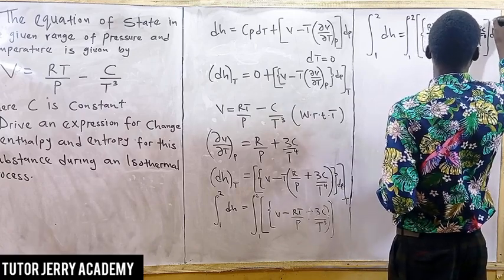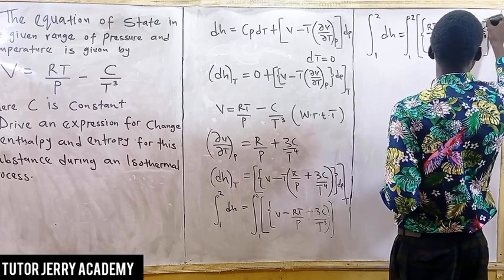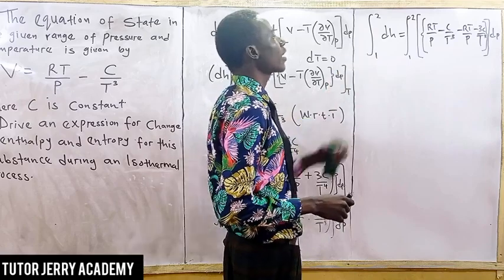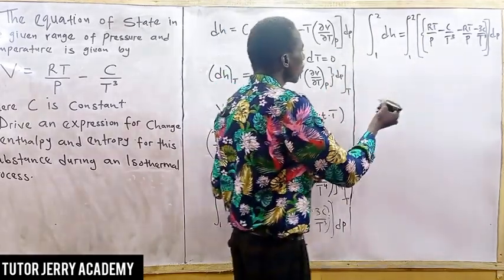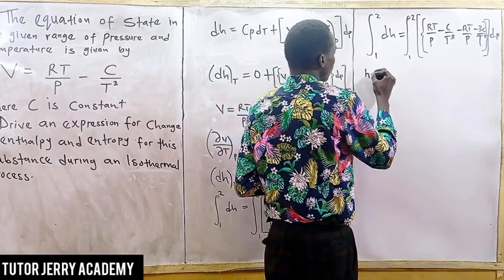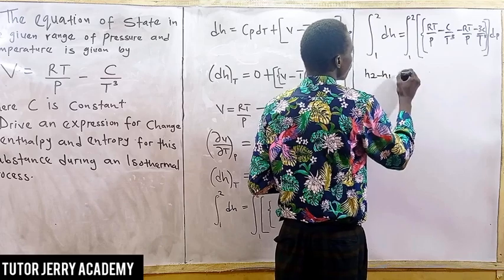So this is what we have. Close the bracket. We know that the integral from 1 to 2 of dh is nothing but h2 minus h1.